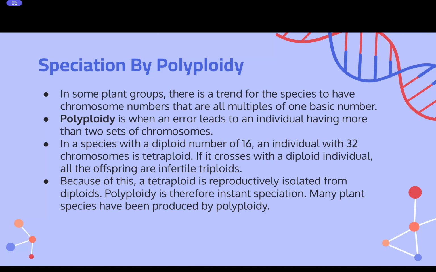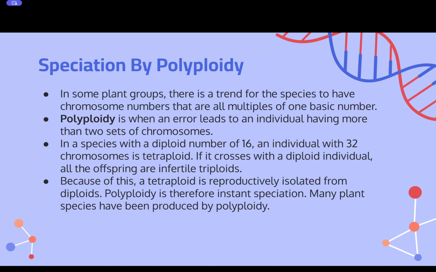Even if a tetraploid crosses with another tetraploid, they'll just divide and make diploid gametes. But if a triploid individual tries to make gametes, they won't be able to make equal halves, because you can't have 1.5 chromosomes.